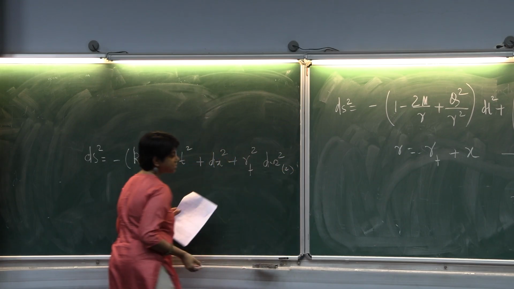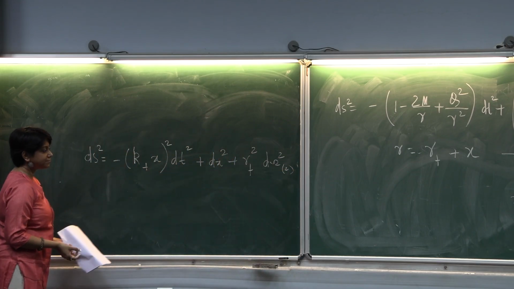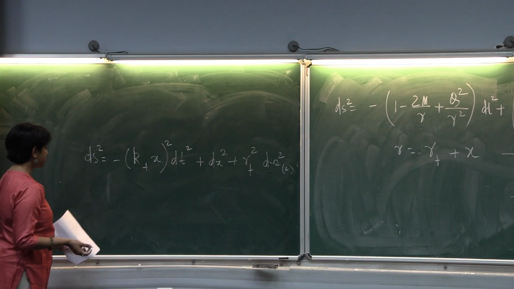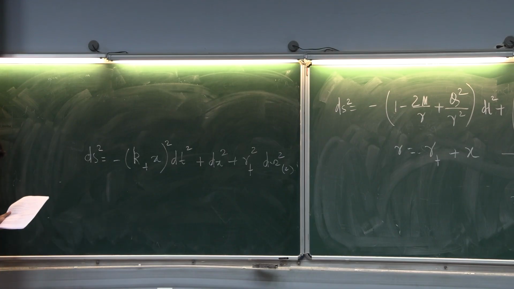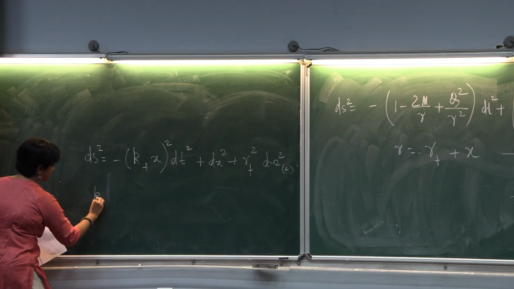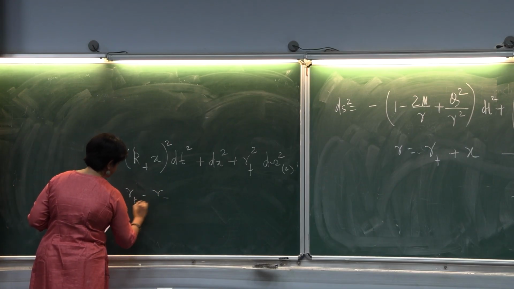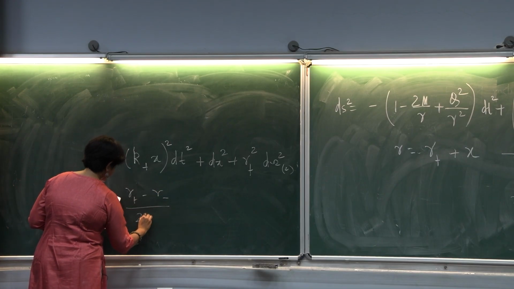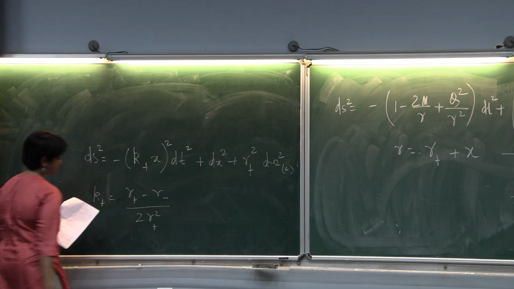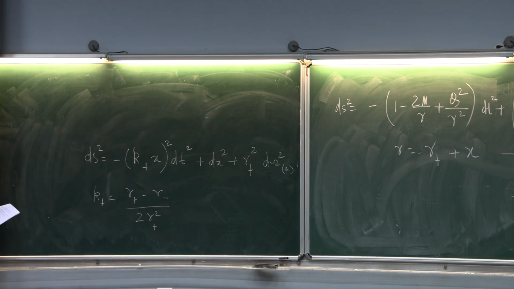I'm not doing the intermediate step on the board. You just need to find the differentials of x and move on. So please just check. And where kappa plus came as the surface gravity. So this is how it will look like in case of the near horizon geometry, but please don't be very happy about it.